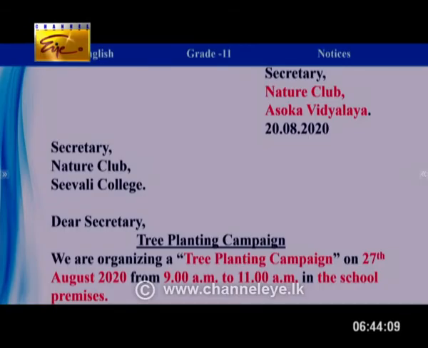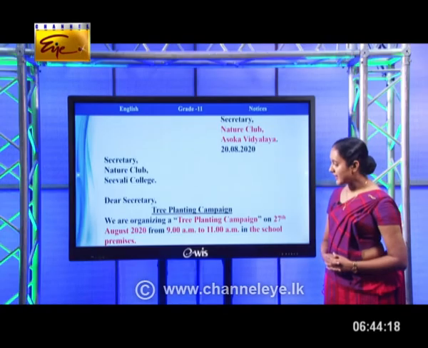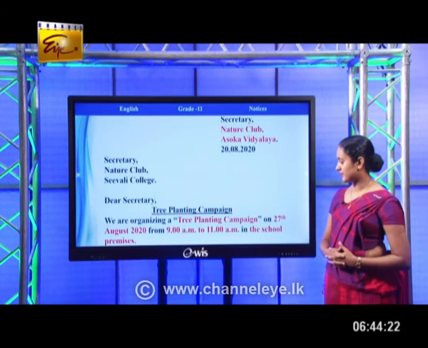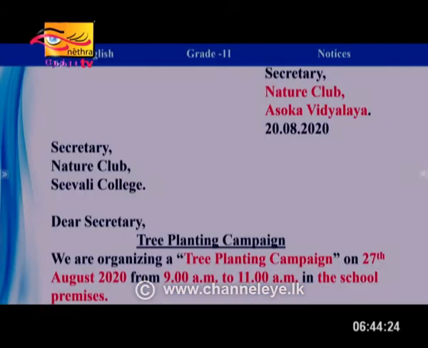And next highlighted phrase is 27th August 2020, and that is the date of the event. And from 9 am to 11 am is the time duration for this event. And then the school premises, it indicates the place or the venue of the event.